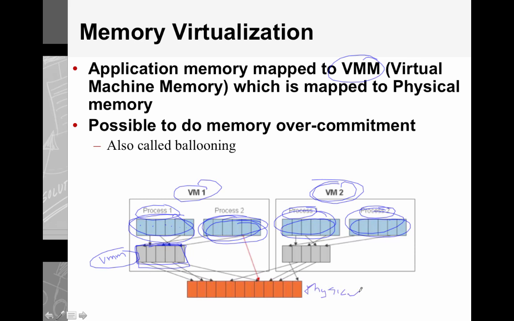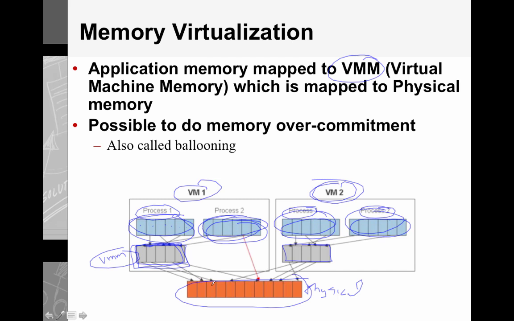So what you're seeing in yellow here is the physical memory, which has been chopped and given to the virtual machine memory. And every virtual machine has been given different amounts of memory, which is being given to the various processes within the virtual machine. So there are three layers of interactions going on. There is the process memory, which maps to the virtual machine memory, which maps to the physical memory.